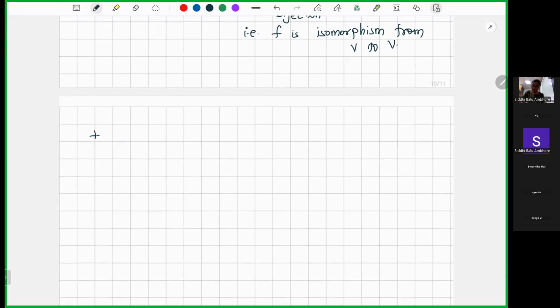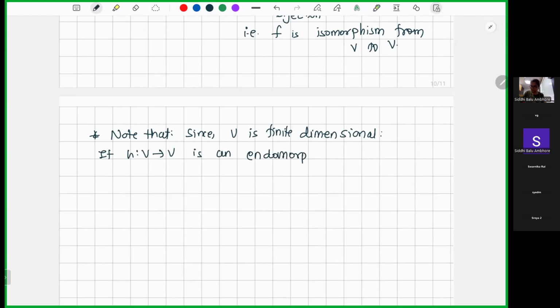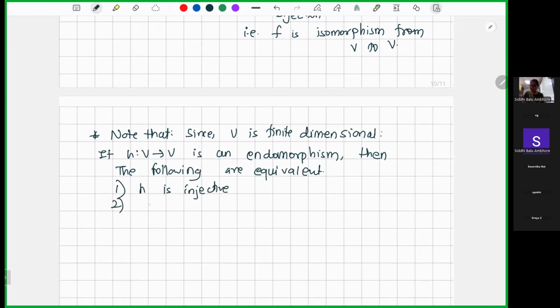Note that since V is finite dimensional, any H from V to V that is an endomorphism satisfies the following equivalence: H is injective if and only if H is surjective.